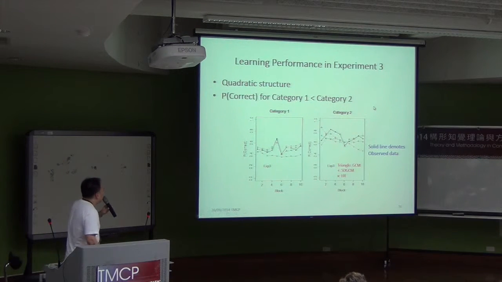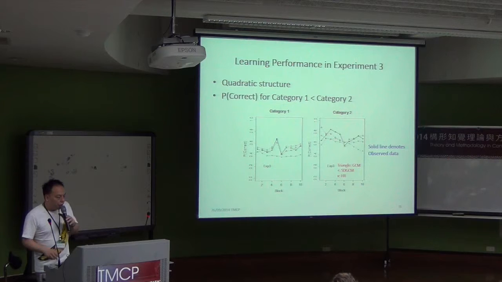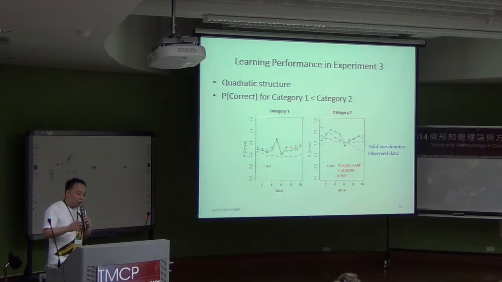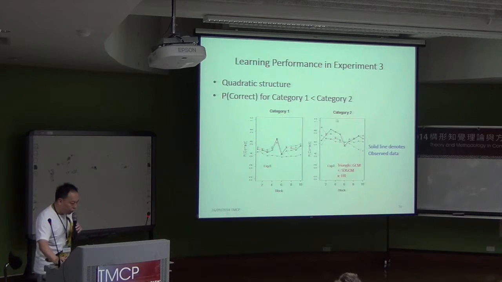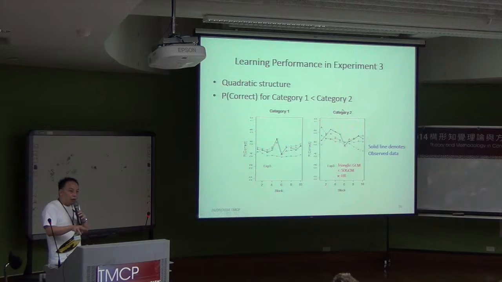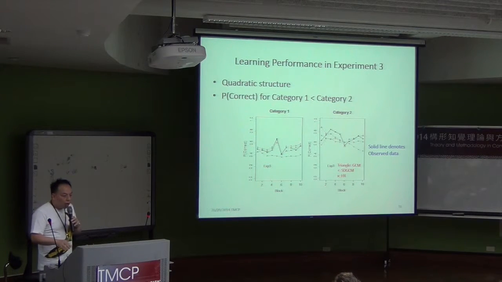And here comes the tricky part, experiment 3, the quadratic category structure one. As you can see, category 2 actually learned better than category 1, if you ignore the sharp drop here. The reason for this drop is the leap at about trial number 50, so the subjects certainly got some shock.